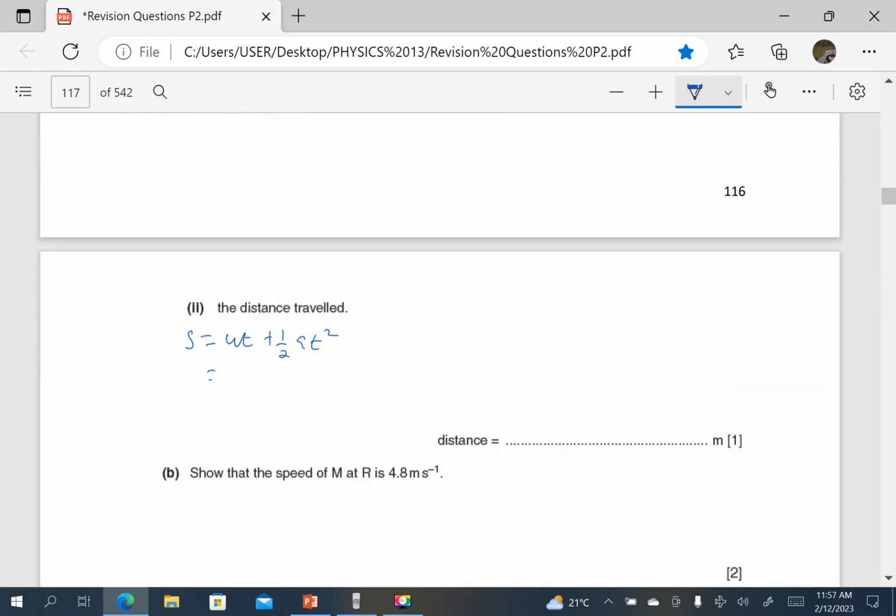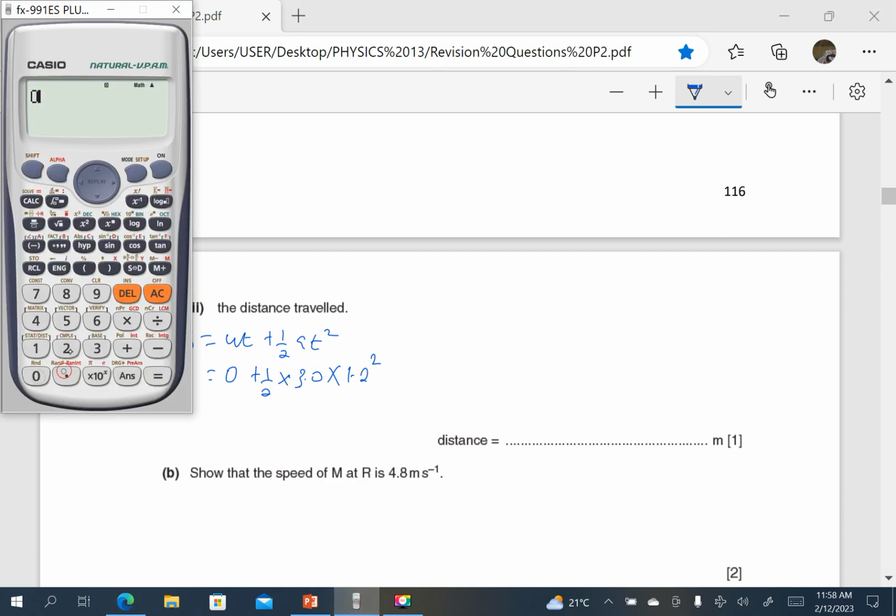So this will be 0 plus a half times the acceleration, which is 3.0. Down the slope, it is positive. The time we have got above as 1.2, but this is squared. So this is 0.5 times 3 times 1.2 squared. So this gives us 2.16.